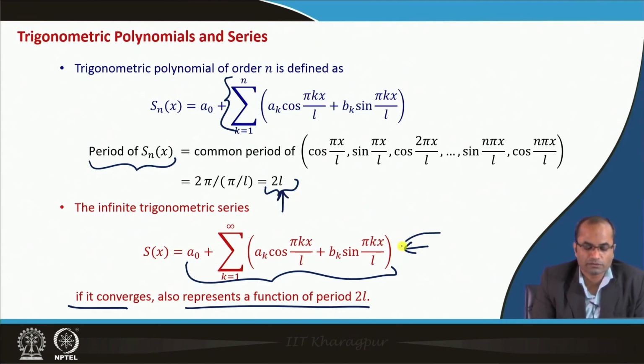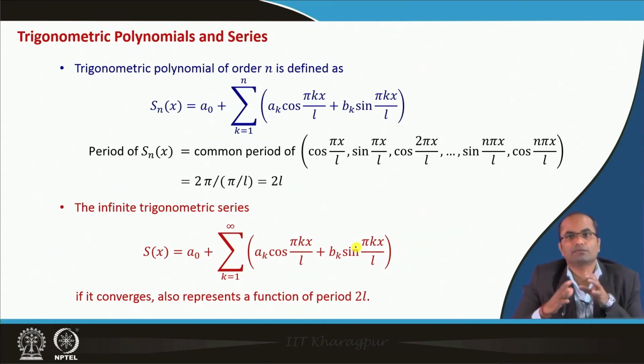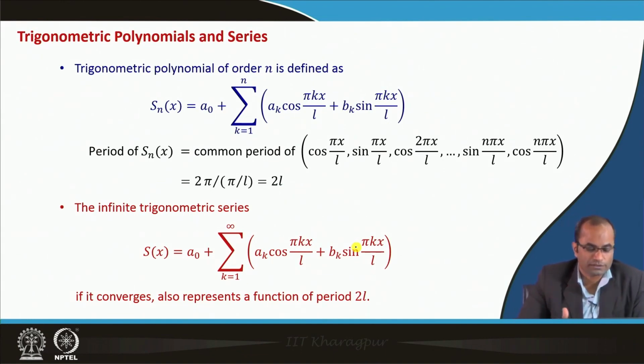So, if this series converges, then the function to which it converges will be a 2L periodic function. That is another piece of information we need for explaining the Fourier series in the next lecture.